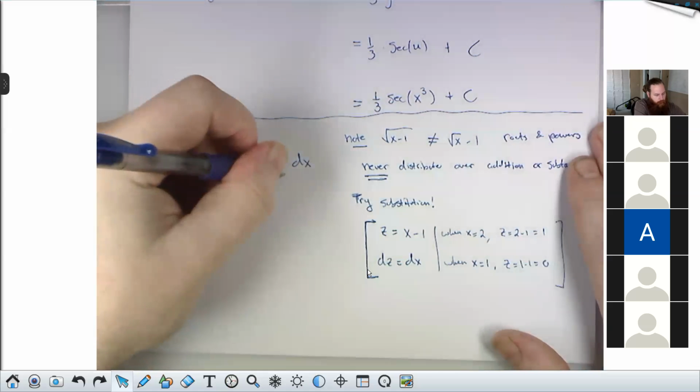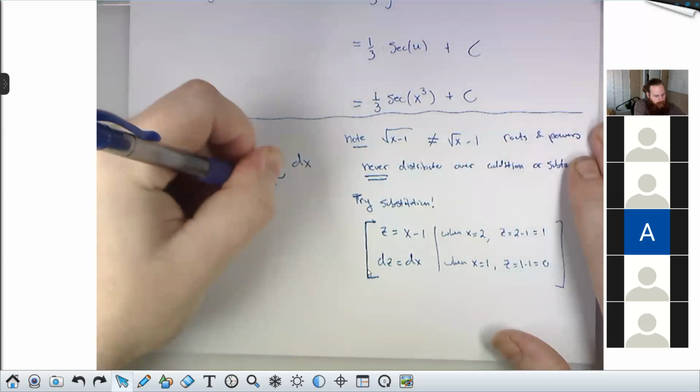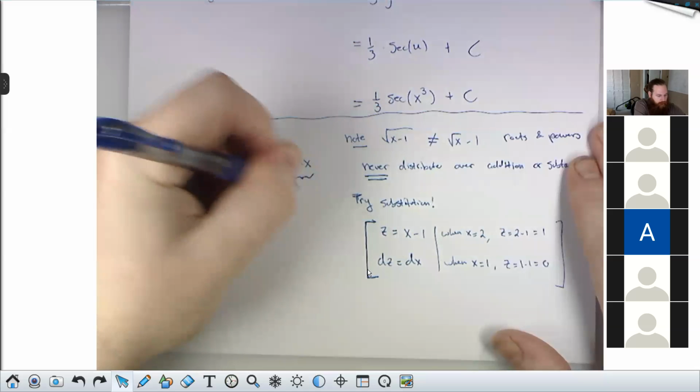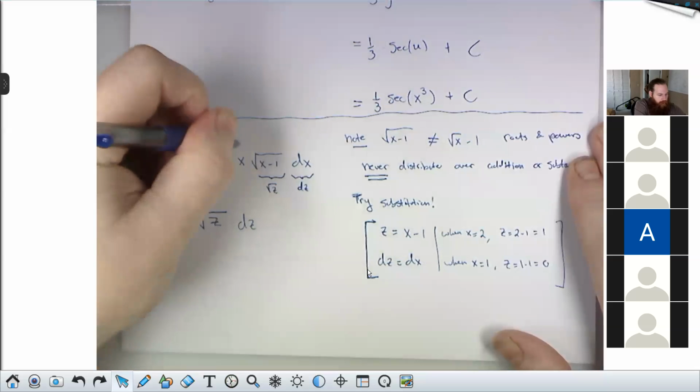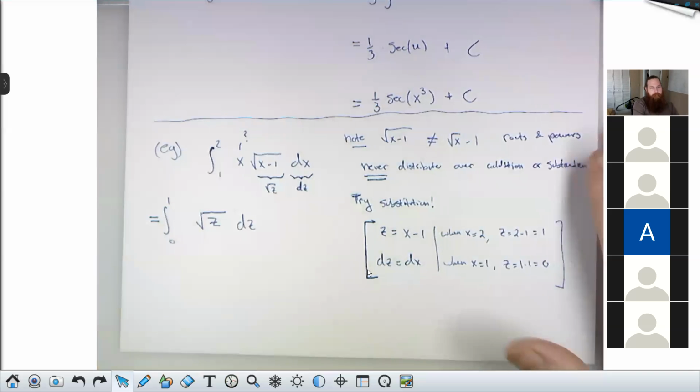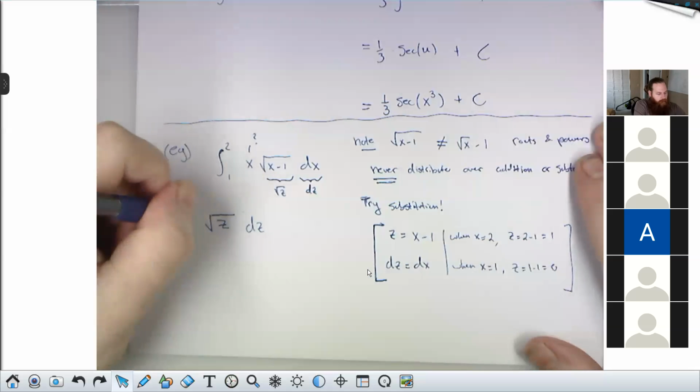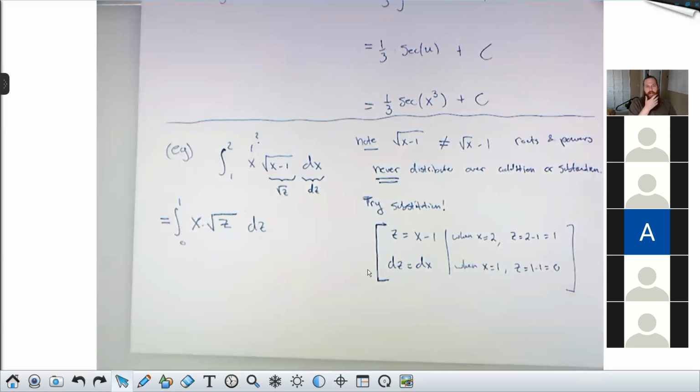So this piece is root z. This piece is dz, but I still have to contend with him. What can I do with that x? Can I just leave it like this? Is that kosher?